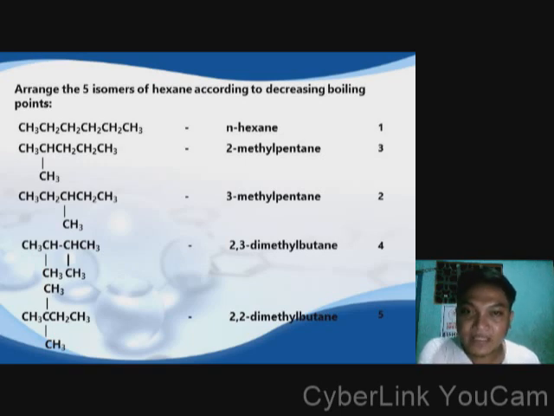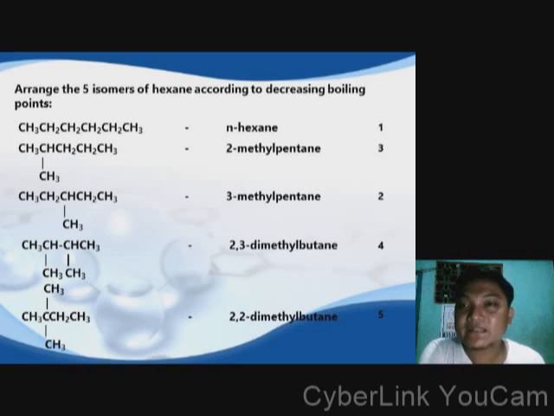Bakit? Kasi more ang molecular weight, highest din ang boiling point. Okay. Sir, bakit 3-methylpentane is number 2? Iisa ang branching. Okay?